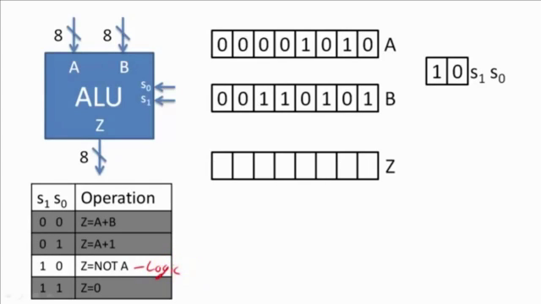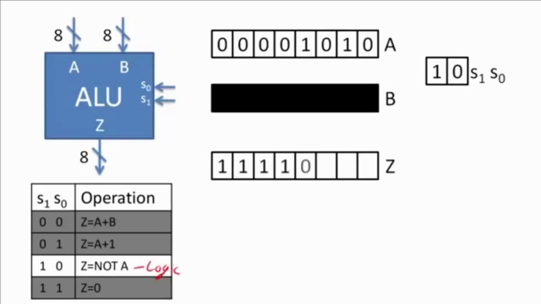The NOT operation receives only one set of inputs, so again, the ALU will ignore the inputs from B. The NOT operation changes all zeros to ones and all ones to zeros. The NOT operation is applied to each bit in the register individually, otherwise called a bitwise operation.